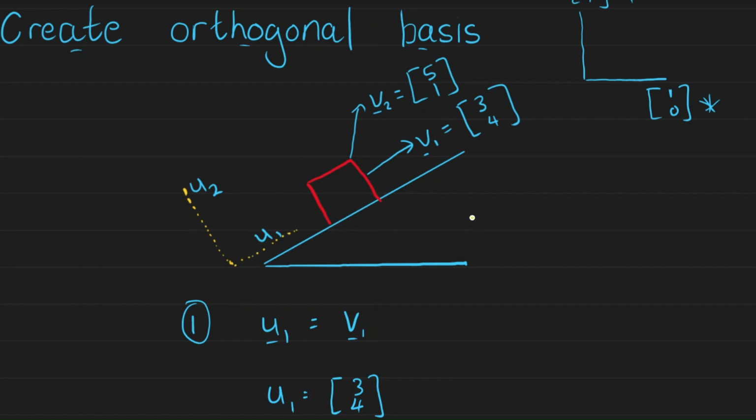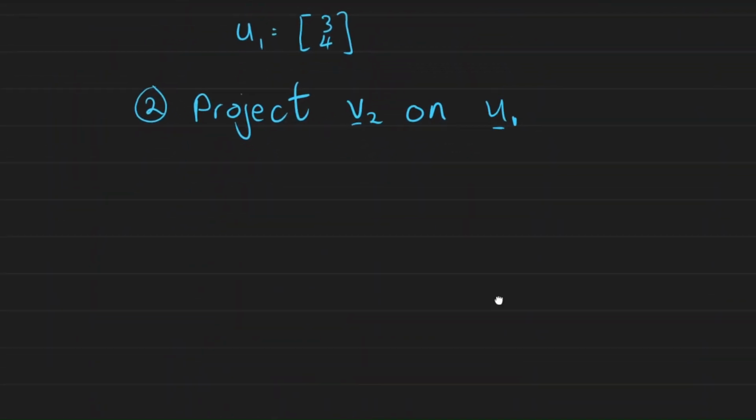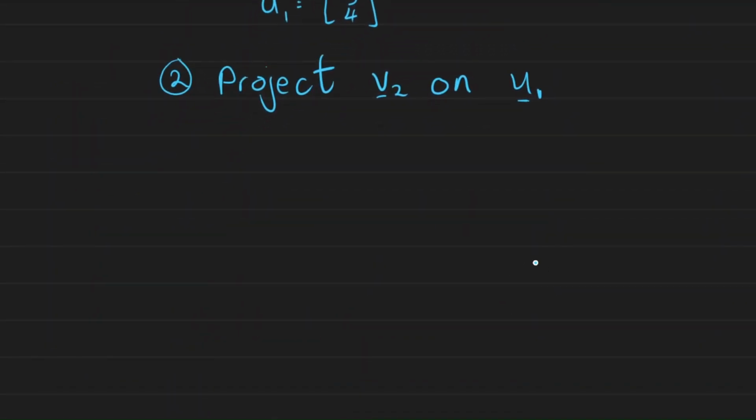Let's write that in orange. So it will have a component like this. So this is the component of v2. We're going to write that as the projection of v2 onto u1.